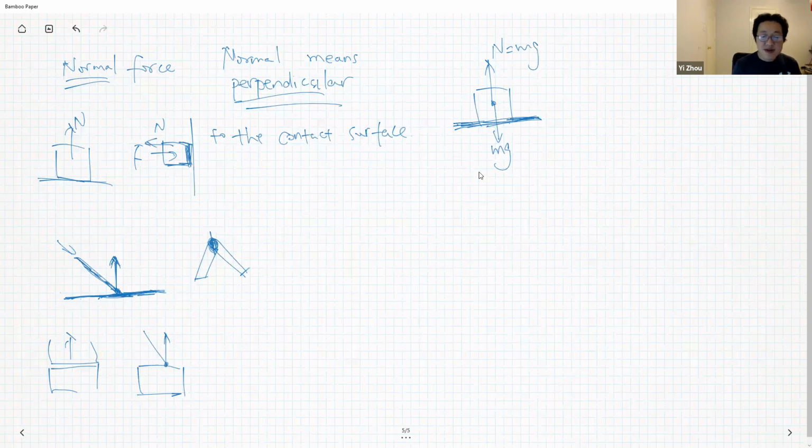So how about we have a box on the ground, and we apply a force on the box. Now we always draw the force from the center of mass, okay? So if we have mg, then I apply a force on this point.